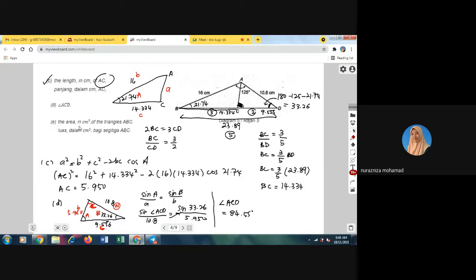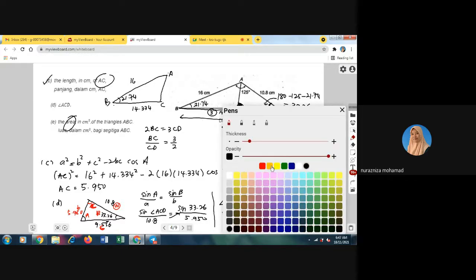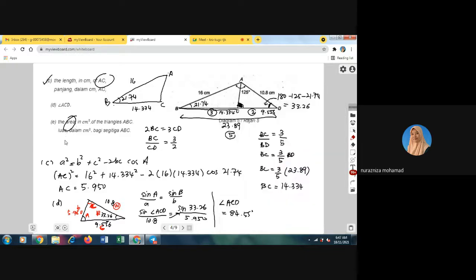Alright, question E, the area of triangle ABC. So now we have triangle ABC here. Again, we delete all these labels and relabel the triangle. You want to determine the area of the triangle. The area formula is 1 over 2 ab sine C, or you can use Heron's formula.